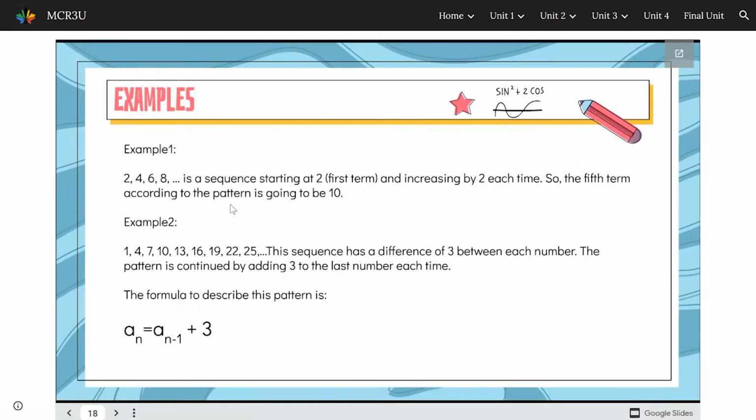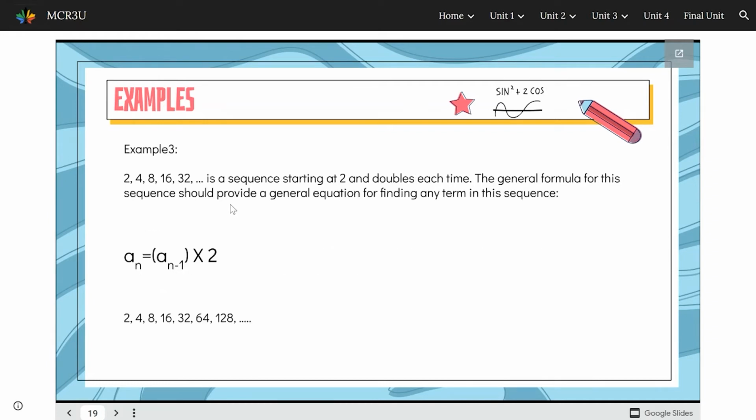Next example: 1, 2, 4, 6 is a sequence, setting the first term, and d is increasing by 2 each time. It is simple and good. Again an example, and here is the formula: an equals an minus 1 plus 2.